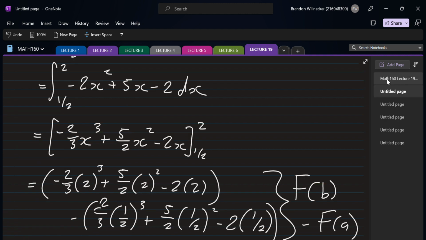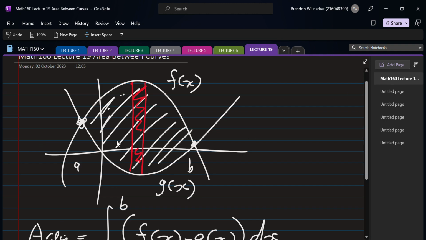If we go back to that first example, the endpoints coincided with the intersection points, so we know for sure that between these two points, f is upper and g is lower. For the other cases, if we're not sure, we use the absolute value. But just keep in mind the absolute value works for any case. It's not only for a specific case where you don't know. You can use it for anything.